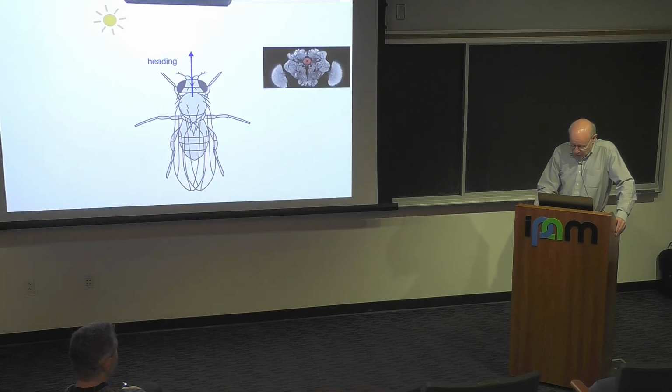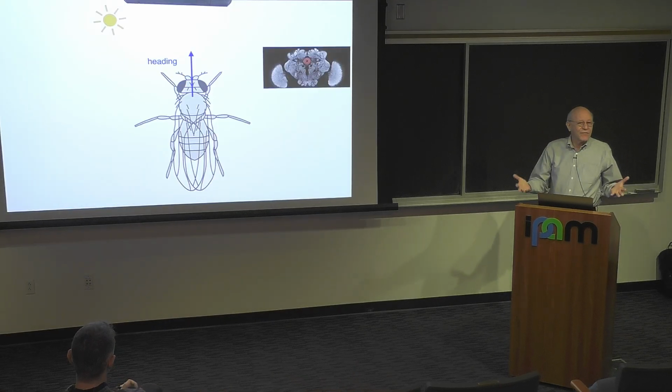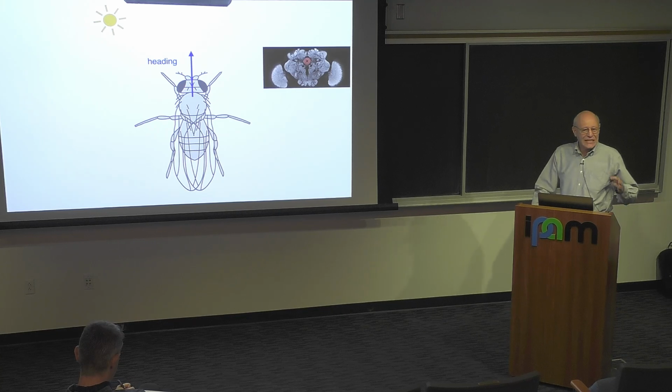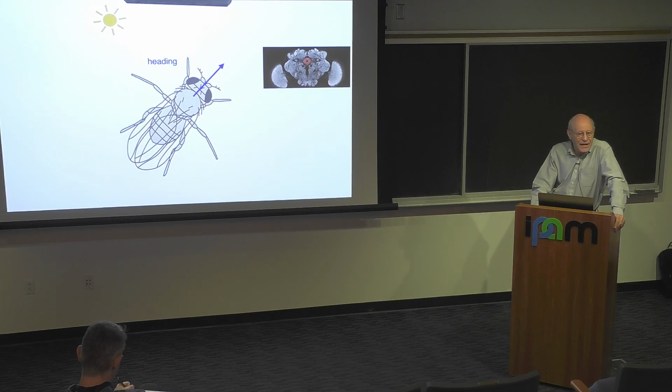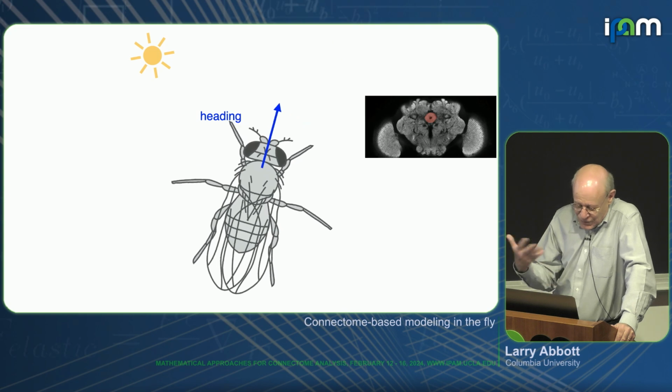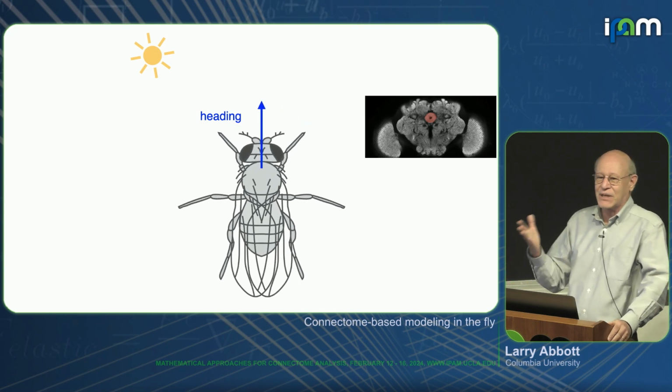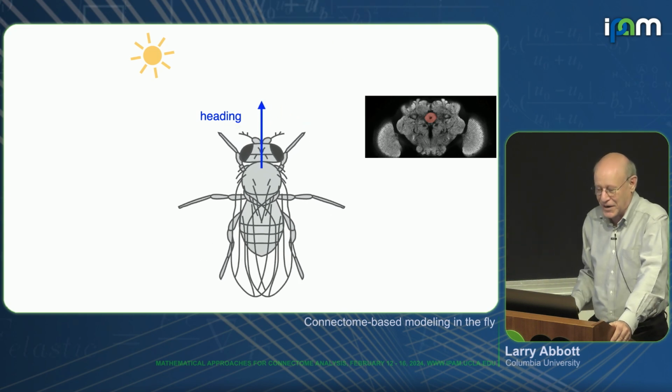Okay. So I want to introduce you to the heading vector, which I know Vivek talked about, just to get the pictures down of what's going on. So the idea is that a fly keeps track of its heading as it turns in the world. But when you look at it this way, it's kind of confusing because the heading is always straight out the front of the fly.